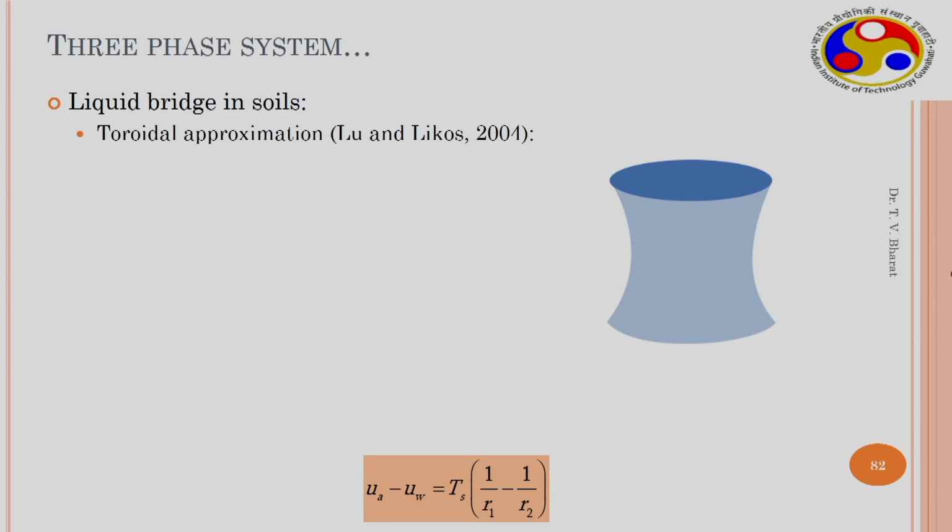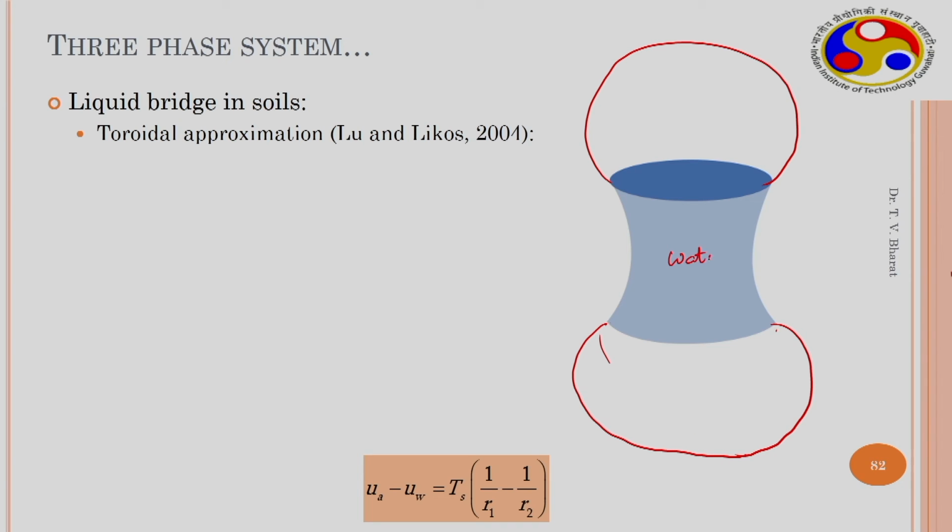When you have two soil grains, one here and another one here, and this is water, there is a liquid bridge that forms, a meniscus that forms, like this, with a radius of curvature small r1.